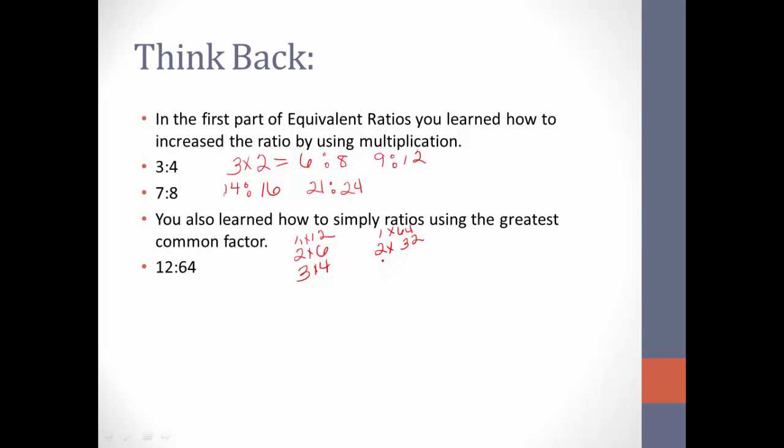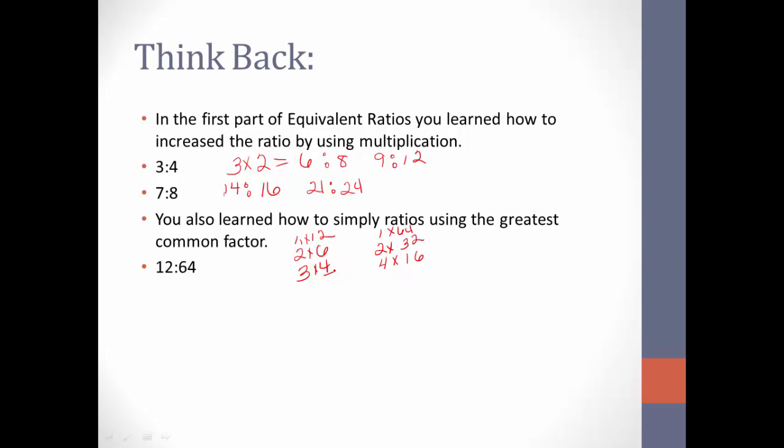Let's see, we cannot multiply 3 to get to 64, but I can multiply 4. 4 times 16 would be 64.